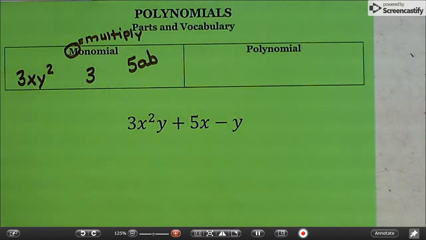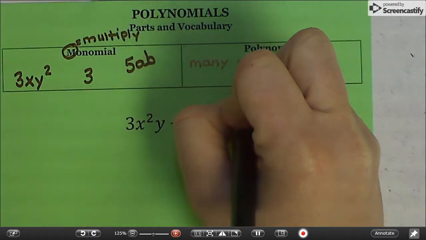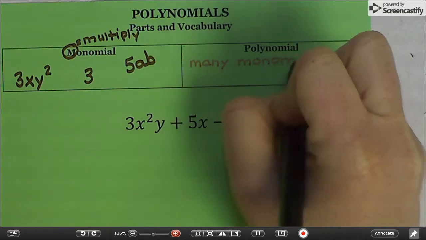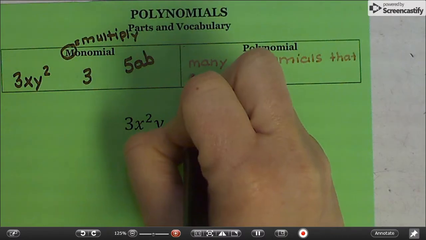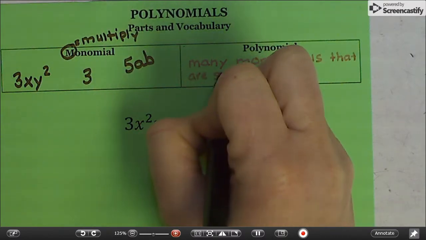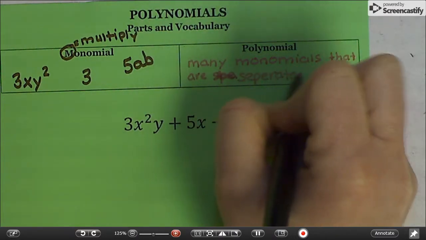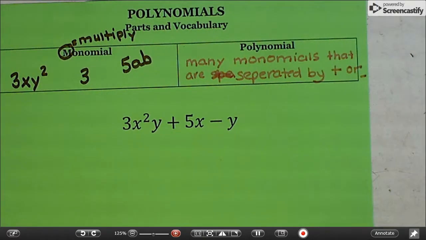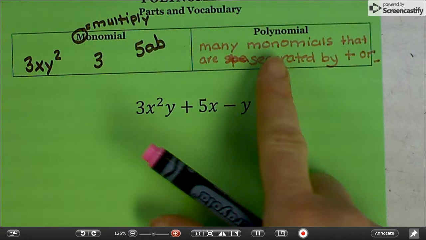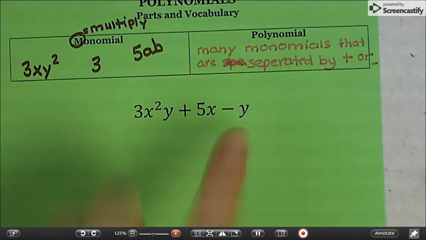A polynomial is many monomials that are separated by addition or subtraction. Okay, so you'll see pluses and minuses in there. An example of a polynomial is right here. So you have 1, 2, 3 monomials, and together they make a polynomial.